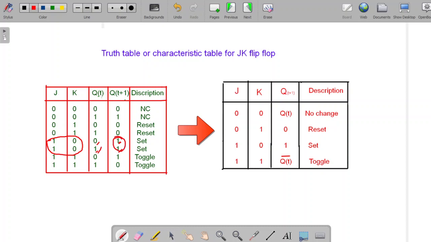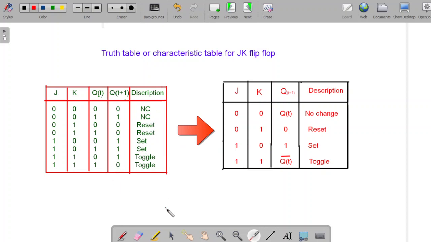So whatever be the Q(t) present state, Q(t+1) will be definitely 1. So here this is your input combination, that means 10, and definitely Q(t+1) will be equal to 1. This is what we have got, that is called the set state. The previous one is 0, so that state is called the reset state.